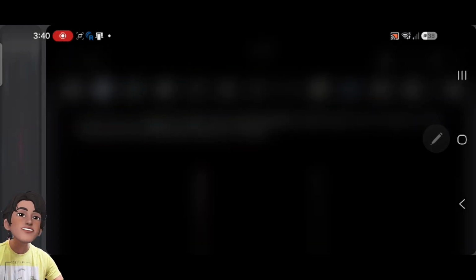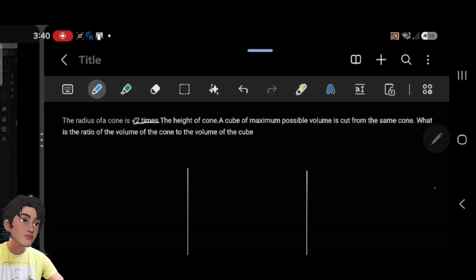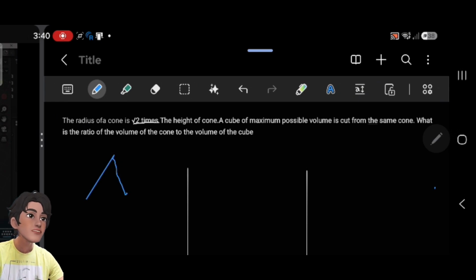Now let's draw it in a 2D format. Like this, this is the cone. Now constructing the height of the cone. Let me draw it neatly.